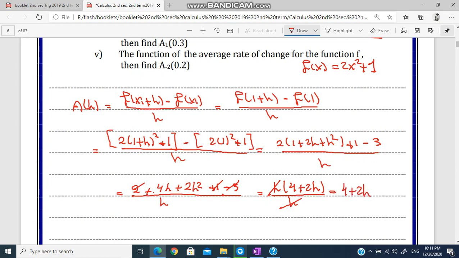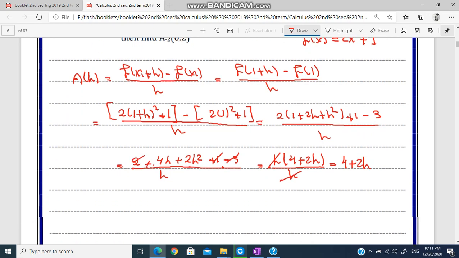By substitution about h equal 0.3, the average rate of change function will be 4 plus 2 times 0.3, which equals 4.6. So the answer equals 4.6.